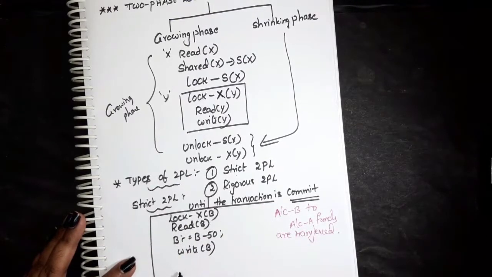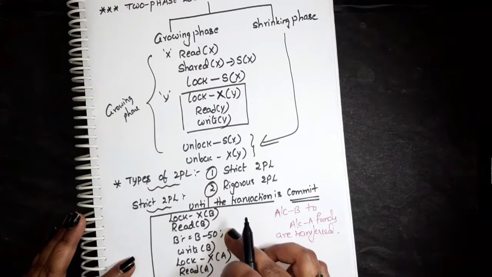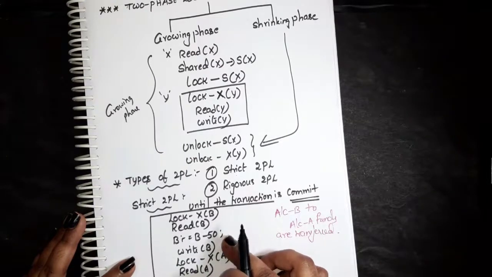Next, you read A: A := A + 50, and you perform the write operation on A. Similarly, you place an exclusive lock on the data item A. So you take an exclusive lock on B and both read and write operations are executed.